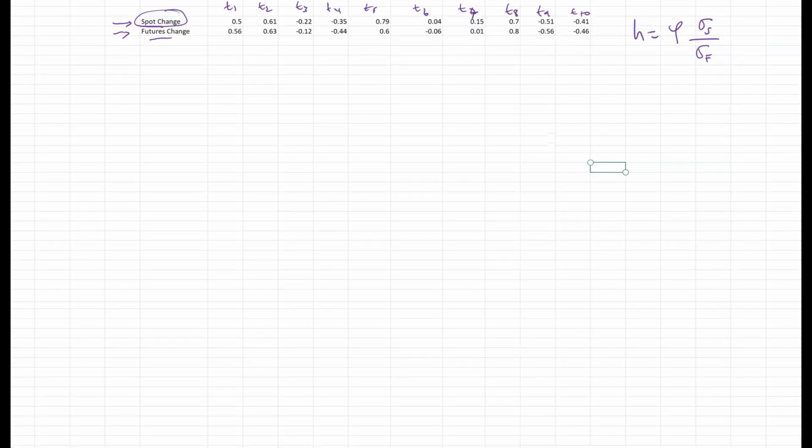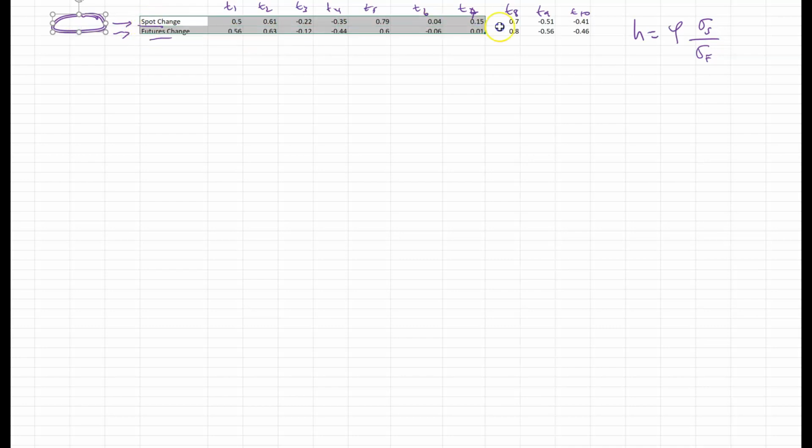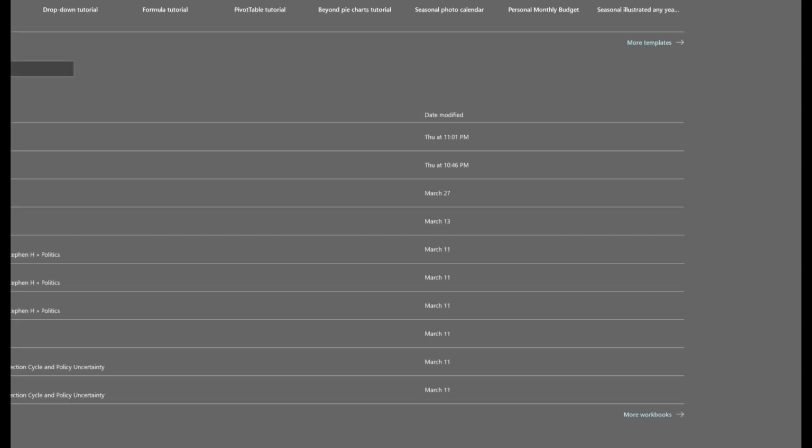So I'm going to pull my table, and I'm going to move this away. I'm going to copy these values, and I'm going to paste them here, and I'm going to paste transpose.